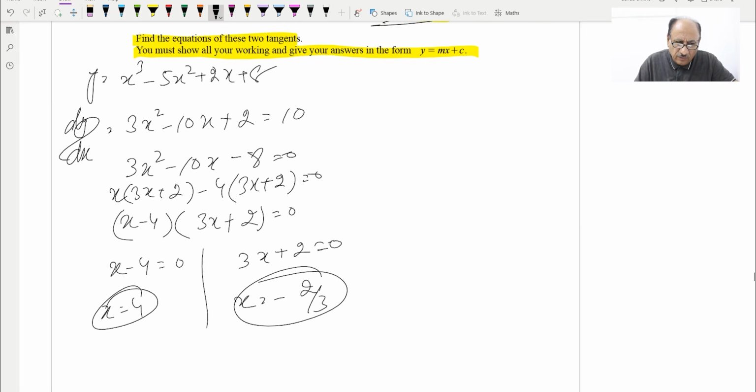Now we can find the points. We know that y is equal to x cube minus 5x square plus 2x plus 8.